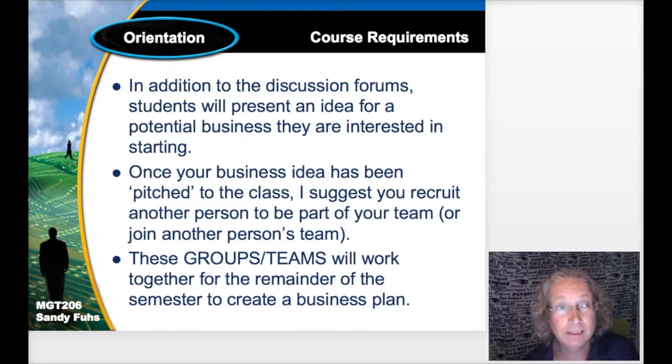If you really can't do a team, which I highly recommend that you do the teamwork, but if you can't, you'll be working on the business plan by yourself. The groups and teams will work together during the rest of the course to work on the whole business plan and all the components that go with the business plan.